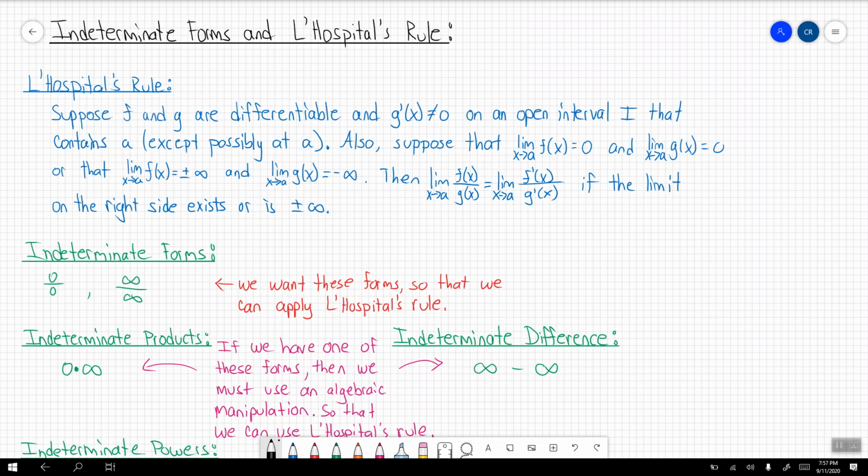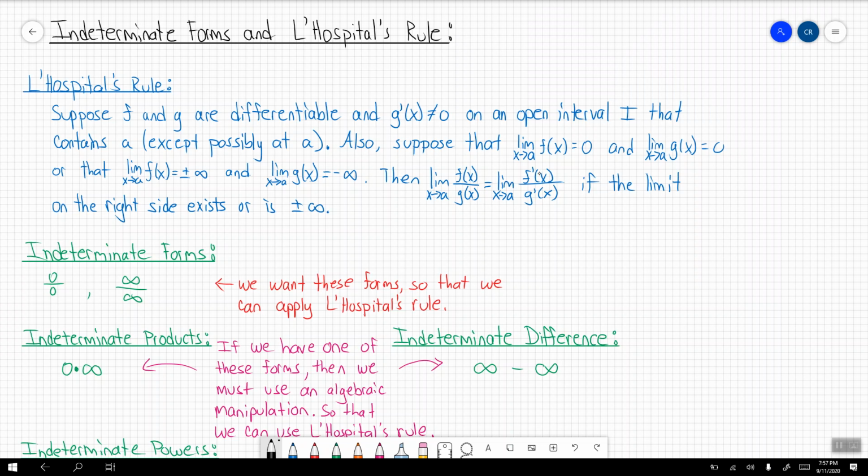Then, if we apply the limit to the ratio of the functions and we get an indeterminate form, which is what the preface for this theorem was saying, that the limit is equal to 0 for both numerator and denominator, then we can apply L'Hopital's rule.